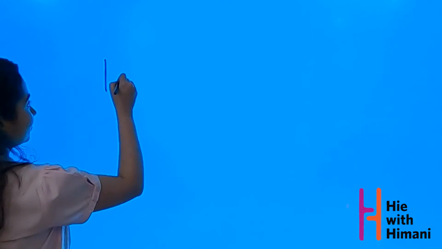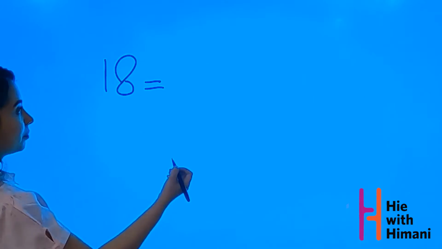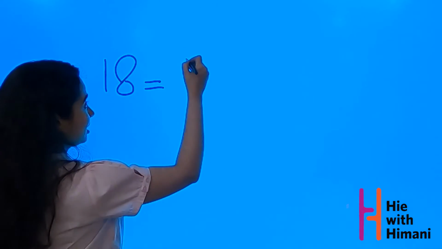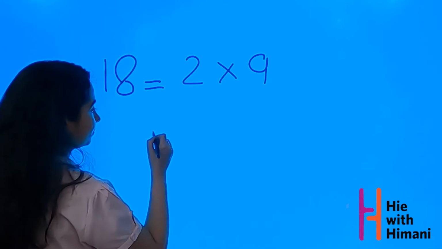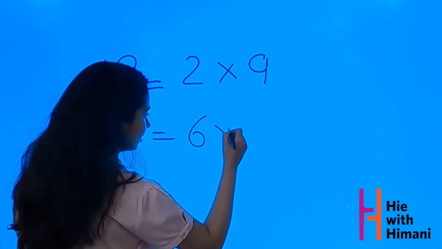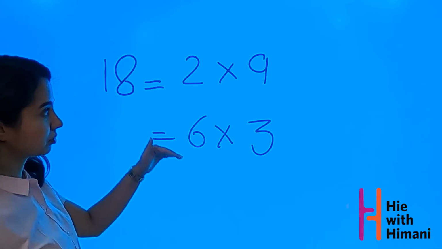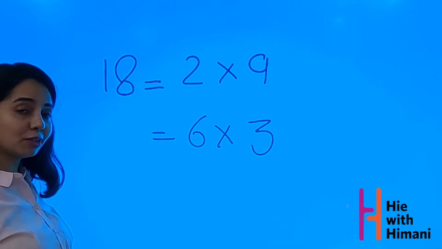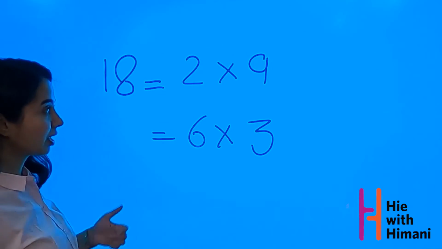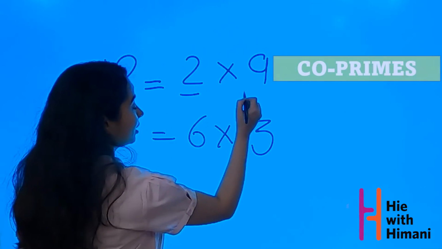So now, when the number is 18, I can form this number by various factors, right? 2 9s are 18 or 6 3s are 18. Both are true. So which group will I use to check the divisibility of 18? I will use 2 and 9. Why? Because these together, they are co-primes.